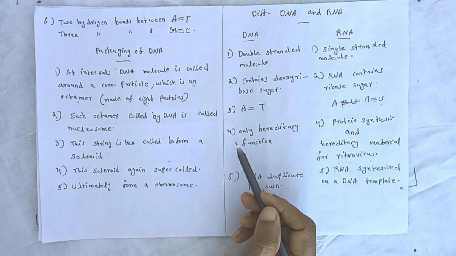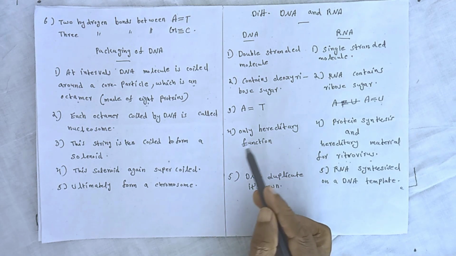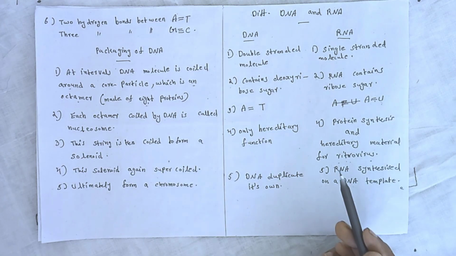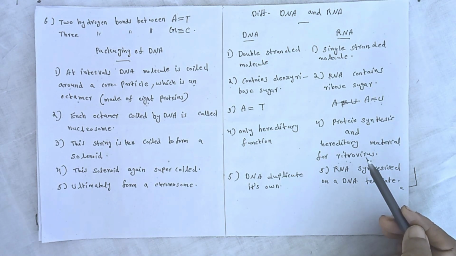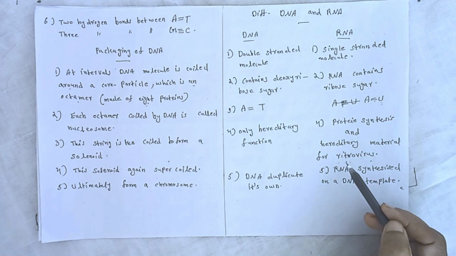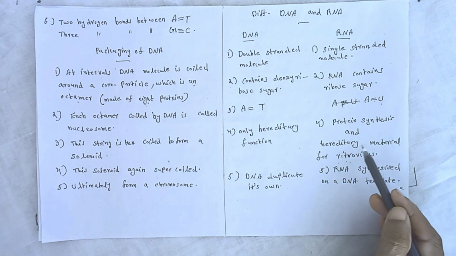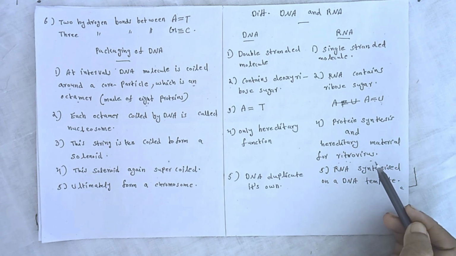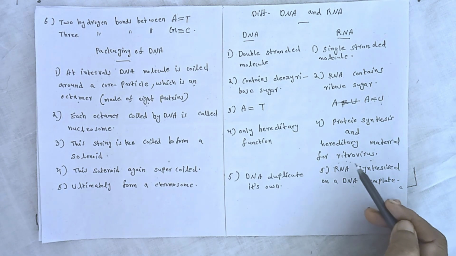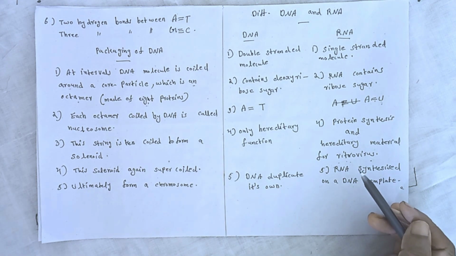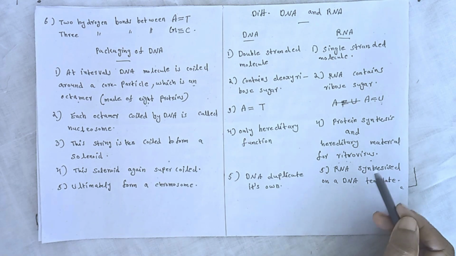DNA has only a hereditary function, but RNA has two functions: protein synthesis, and hereditary material in the case of retroviruses. Retroviruses are viruses with RNA as core material instead of DNA.